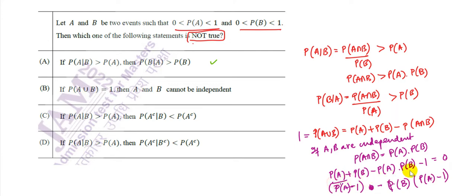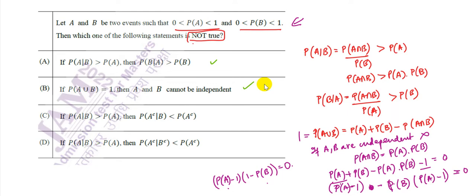So you club the first one and the last one and the other two. So this is equal to 0. That means probability of A minus 1 into 1 minus probability of B is equal to 0. So that means either probability of A is 1 or probability of B is 1, which according to the given condition is not possible. So therefore the assumption that A and B are independent is wrong. So A and B cannot be independent. So this is also true.